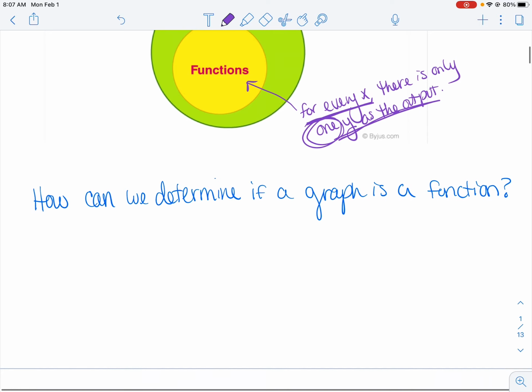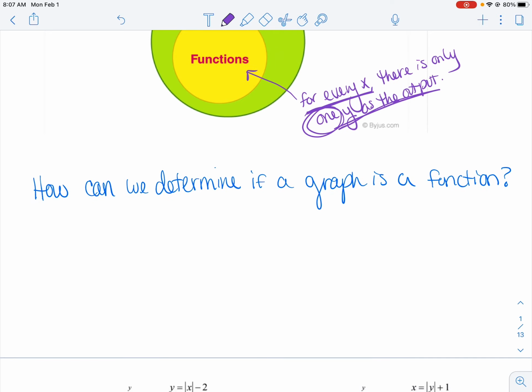All right. So one of the things we can use to determine if a graph is a function is called the vertical line test. All right.